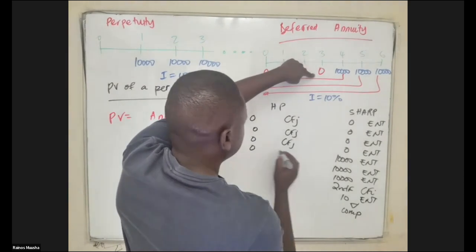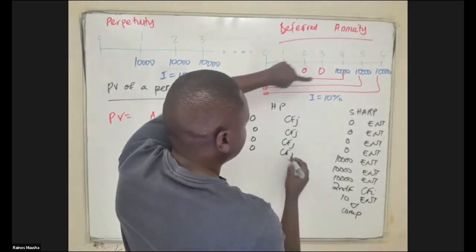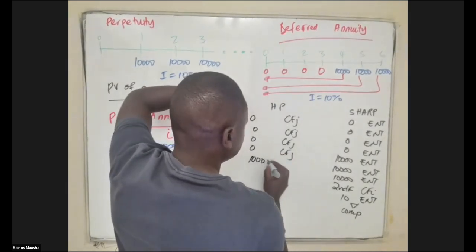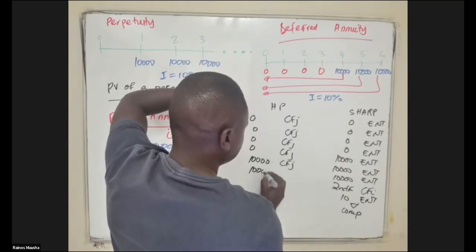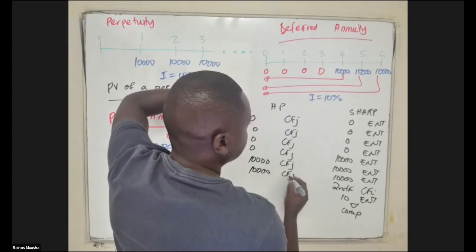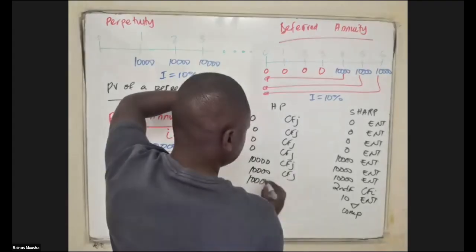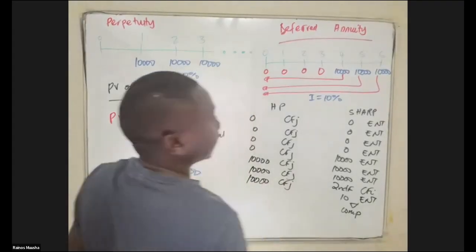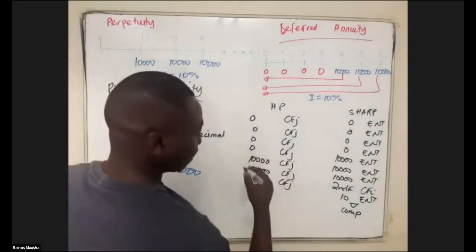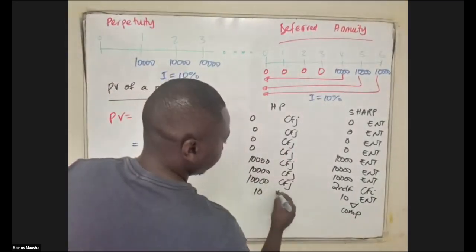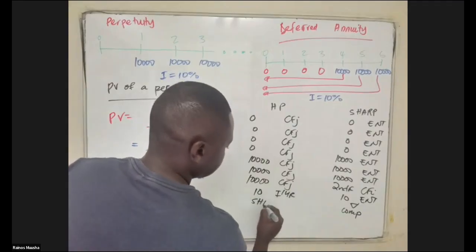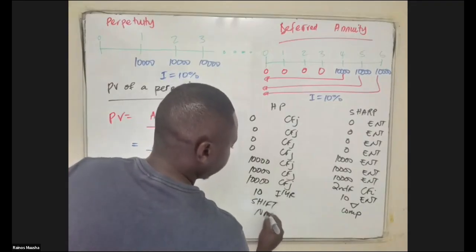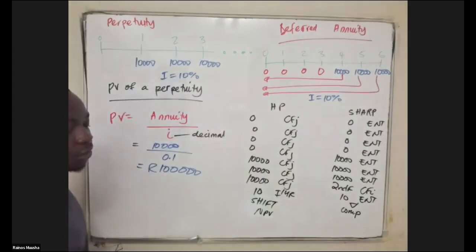For year 3, 0, CFj. For year 4, 10,000, CFj. For year 5, 10,000, CFj. For year 6, 10,000, CFj. Then after that, you enter the interest per year: 10, you press the interest per year button, then shift, then you press the NPV button on your calculator.